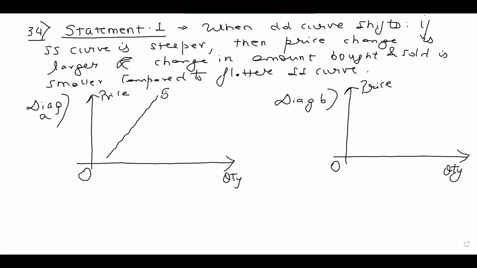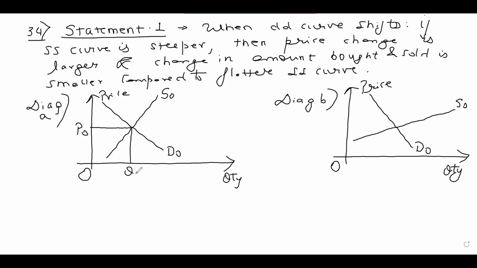And in diagram B, let the initial supply curve be flatter. And in both the diagrams, I superimpose the demand curve. So this is my downward sloping demand curve in both the diagrams. These are my initial price and quantity combinations.